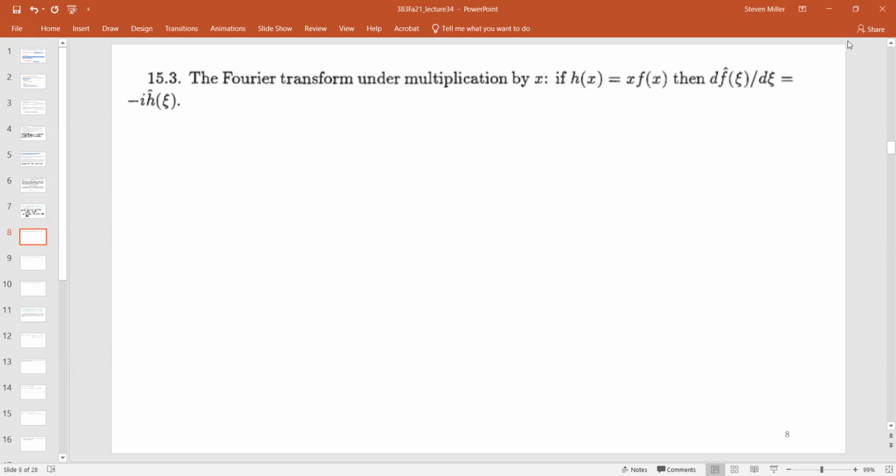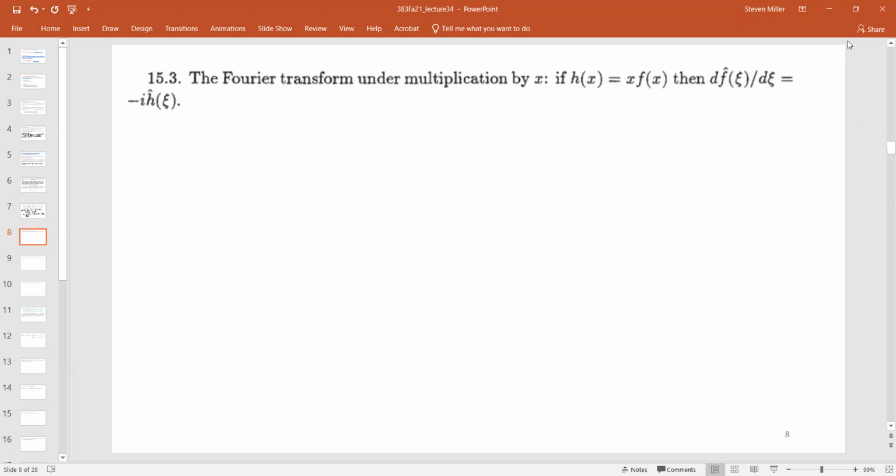Not necessarily, because we have these factors of i coming into play. So if your function is even, the Fourier transform of the Fourier transform is the original function. Other times you sometimes have to do it 4 times before you get back to the start.